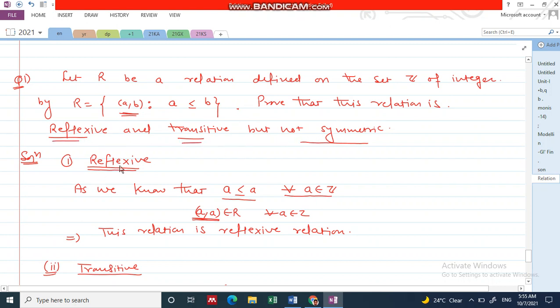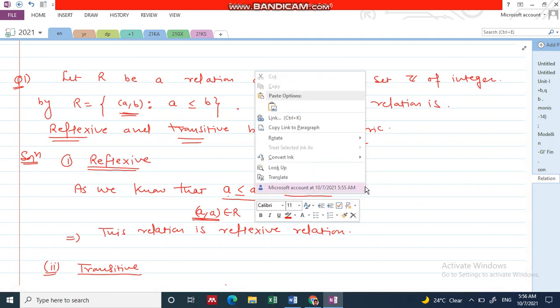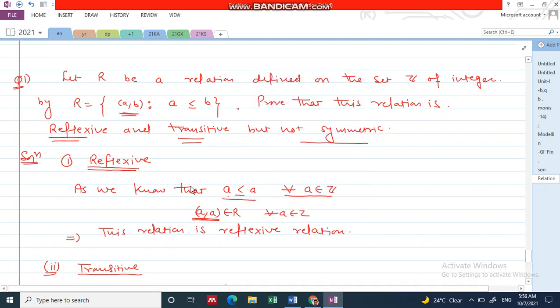To prove that it is reflexive, we want to prove that (a, a) is a member of R. As we know, a is always less than or equal to a, and it holds true for every a belonging to Z. Therefore (a, a) is a member of R for all a belonging to Z, which means this relation is reflexive.